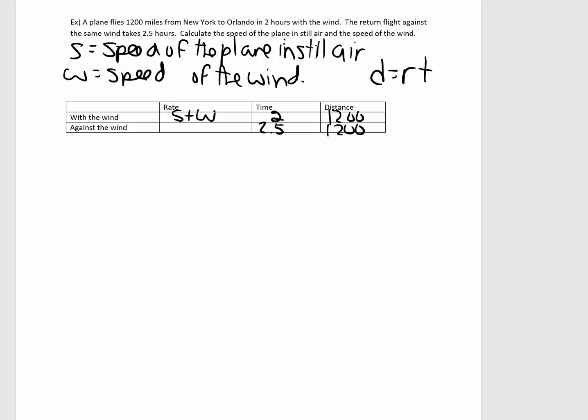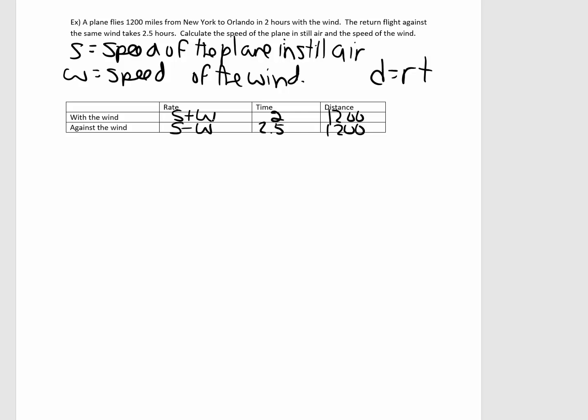So for instance, if the plane is going 100 miles an hour in one direction, and you have the wind going in the exact opposite direction at 20 miles per hour, the plane would really be going 100 minus 20, which would be 80 miles per hour. So, in general, against the wind, I will write S minus W.